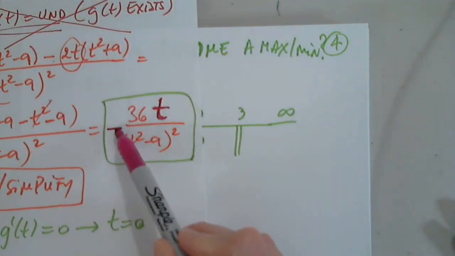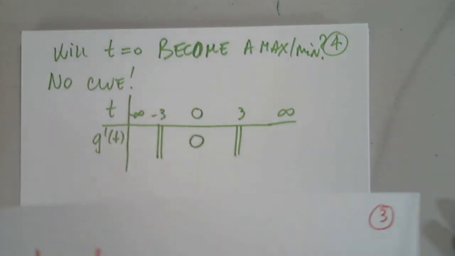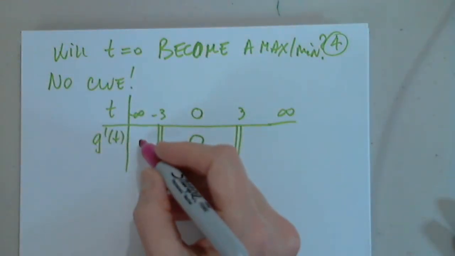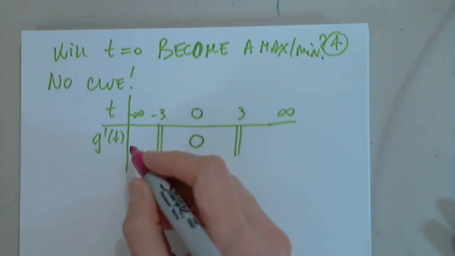And we need the sign of negative t when t is less than 0. So 1, but I only want the sign. I don't care about any number.